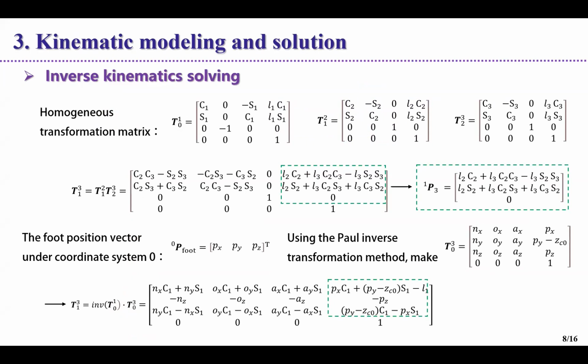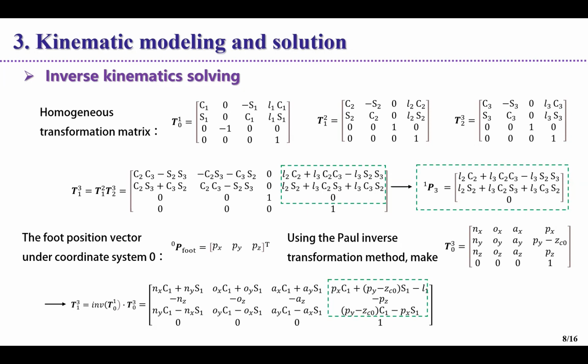Since the strategy planning in the end space is used to control the movement of the robot, it is necessary to solve the motion angle of each joint according to the reference trajectory of the foot as the position control input of the driving motor.